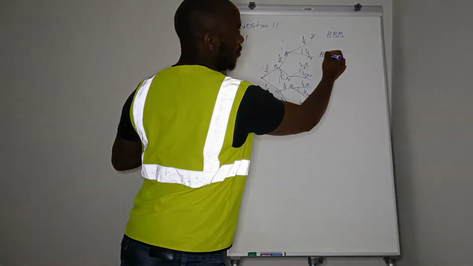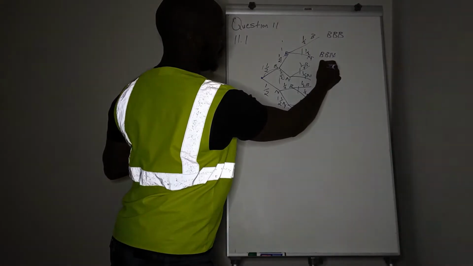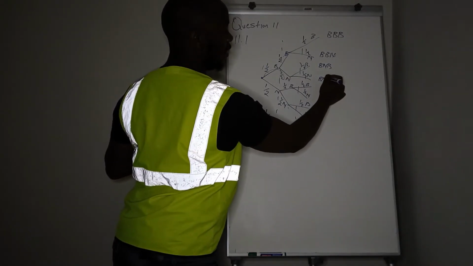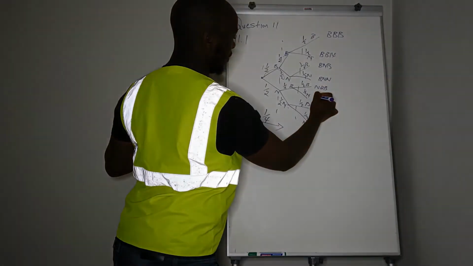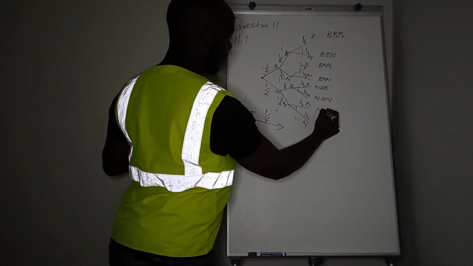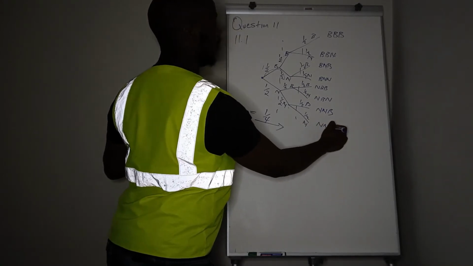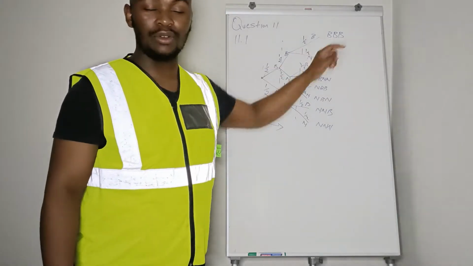So we have B, B, N. So this continues. I can have B, N, B, B, N, N, N, and so on. Yes. So throughout all of these, the probabilities are all 1/2.